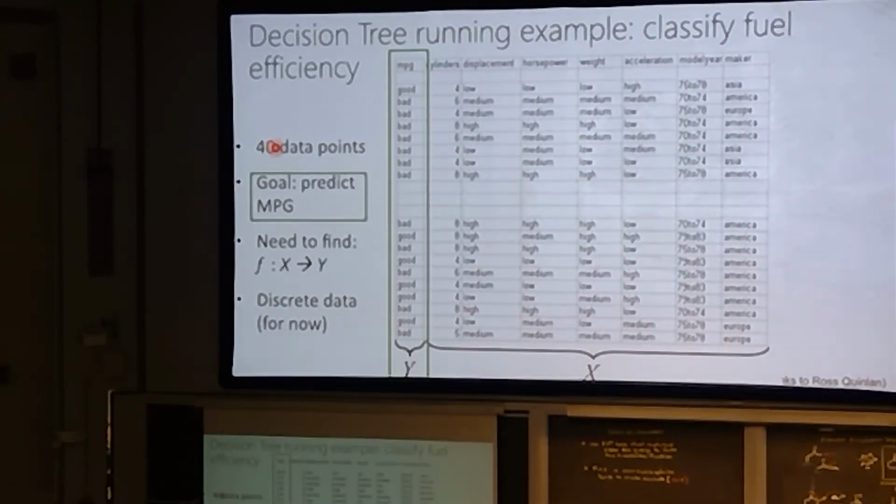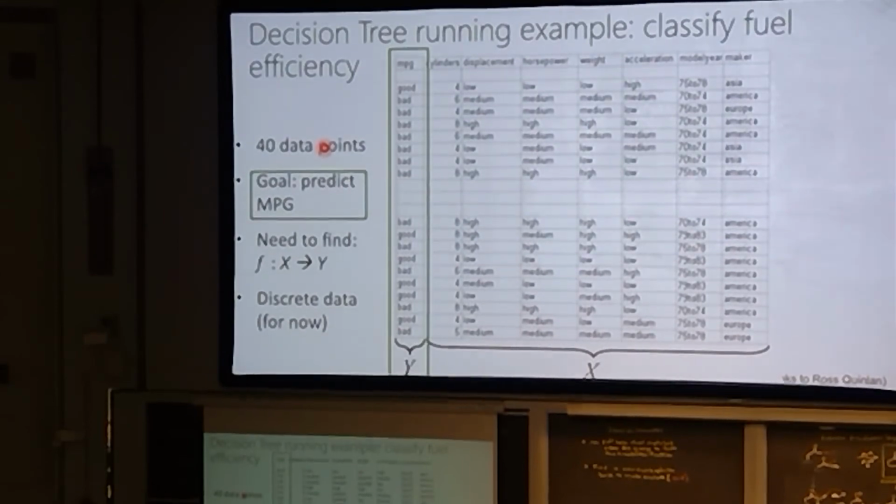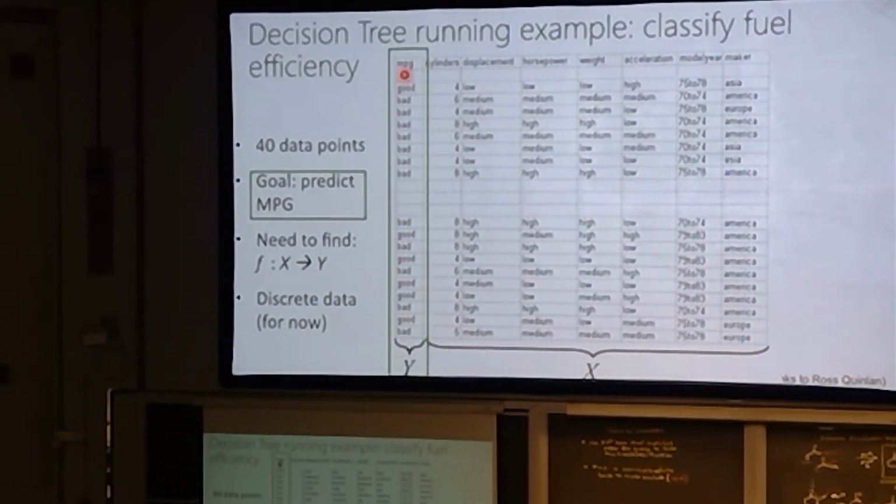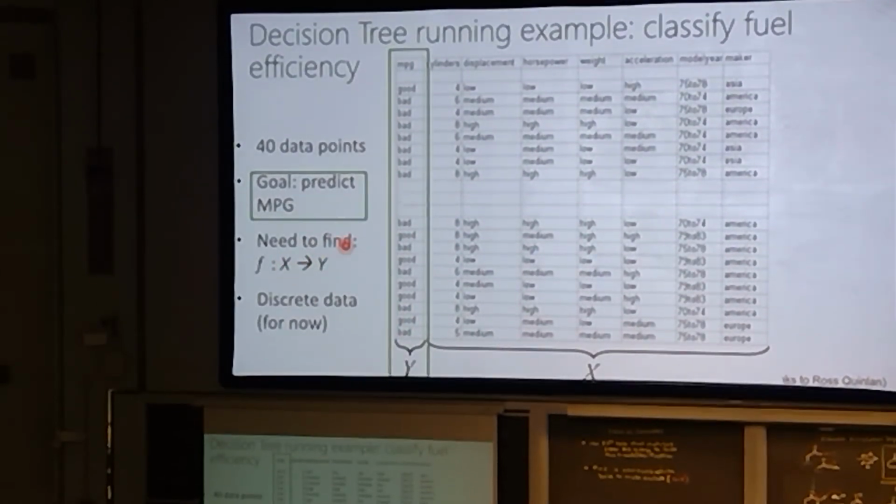This is, of course, a tiny data set with 40 data points, but it's just to walk you through how decision trees work. The target variable here is y, and these are the features. The target is called MPG. In the slides, whenever I talk about MPG, it's just a binary variable. We're trying to predict good or bad. As we do in classification, we're trying to find a function that goes from x to y.